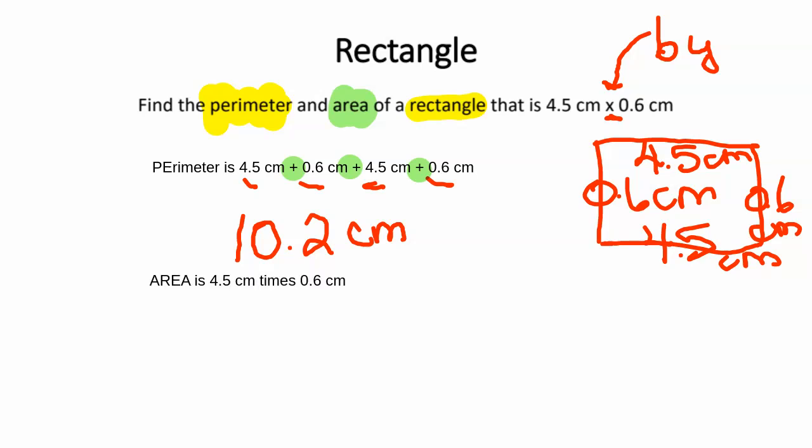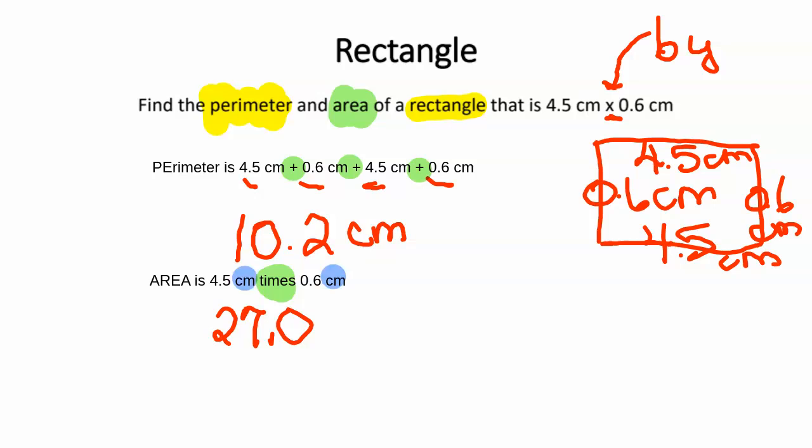Now, this is where you get to see exponents in motion. 4.5 times 6. We multiply the numbers. We are going to get 27.0. Now, do you see that I have centimeters and centimeters?